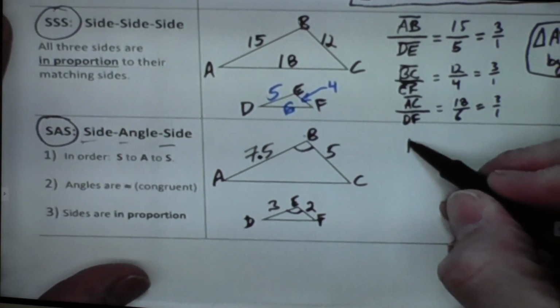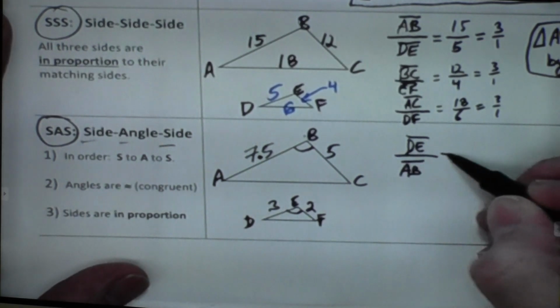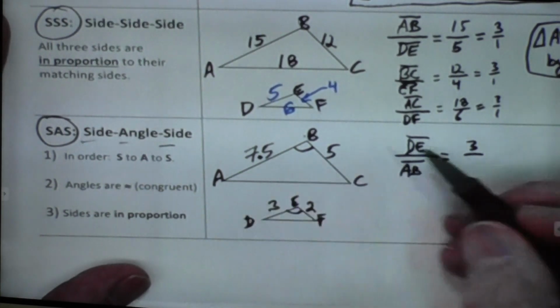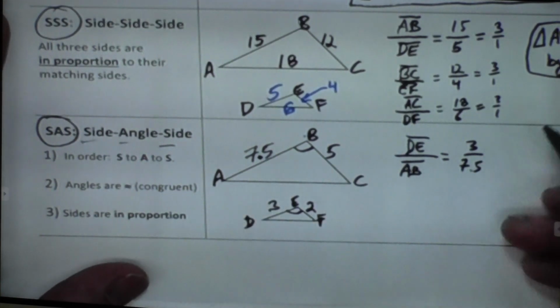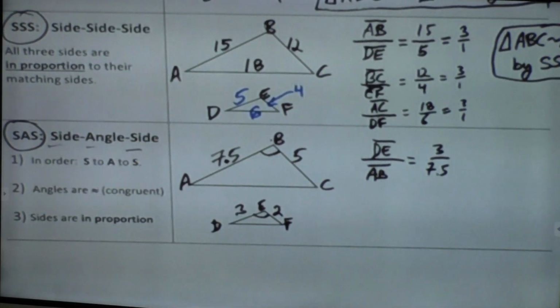So let's do DE over AB. And the amount of DE is 3, and the amount of AB is 7.5. Well, when you're dealing with a decimal like that, it's really helpful to use a calculator and get what that simplifies to in order to compare it to the other one.